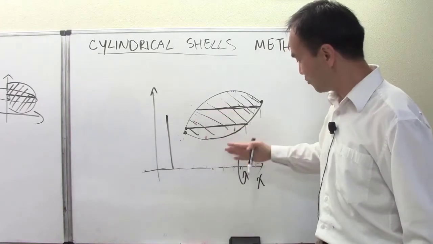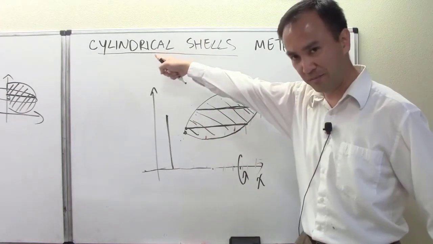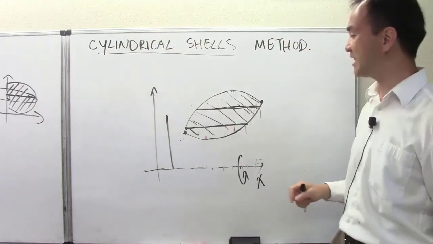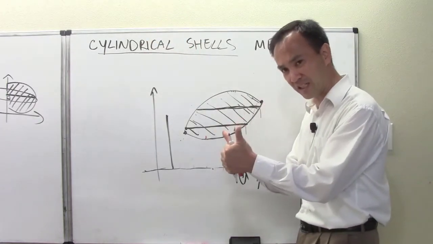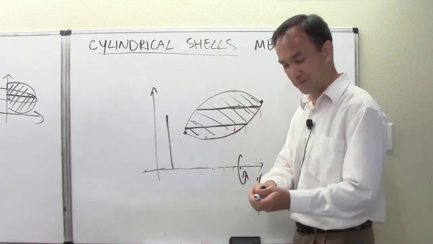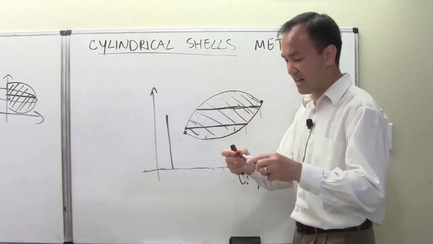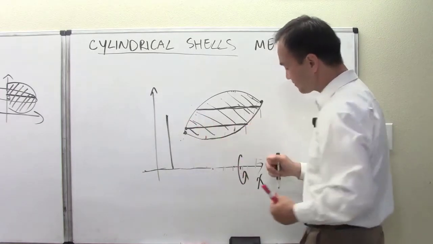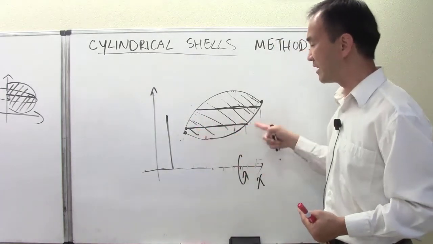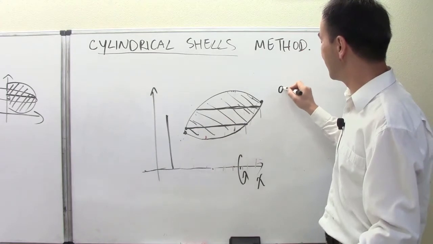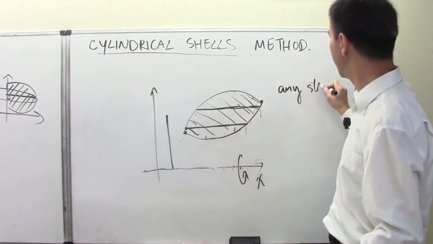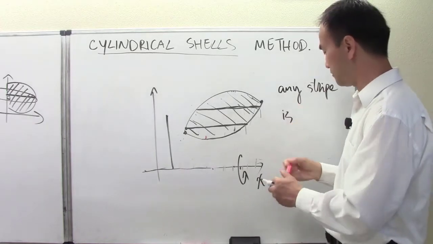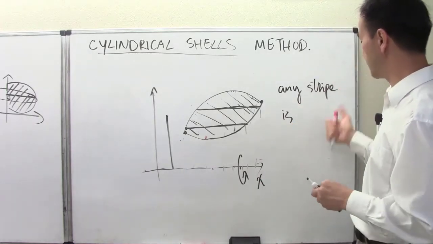But now when we're about to use the cylindrical shells method, the primary thing that makes a difference from the disk and washer methods is that any stripe that we place in the region has to be parallel. Any stripe, or all stripes, is the critical requirement here.